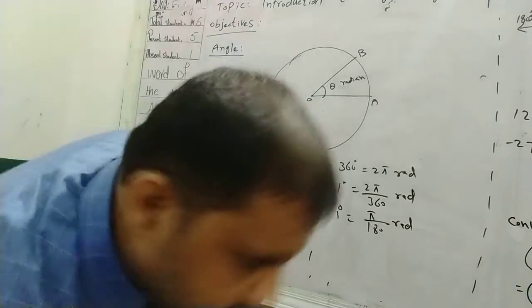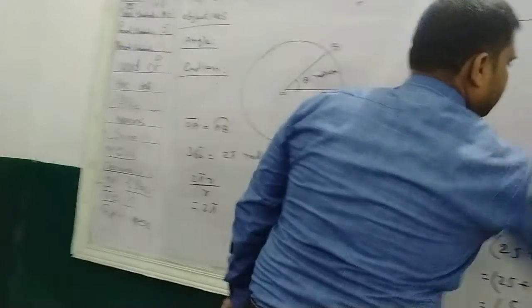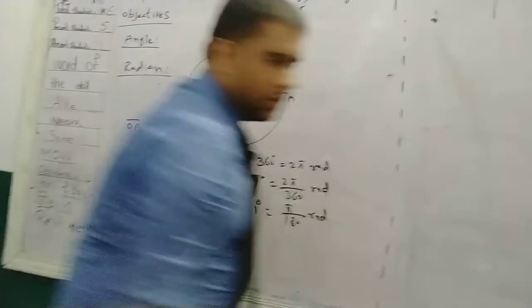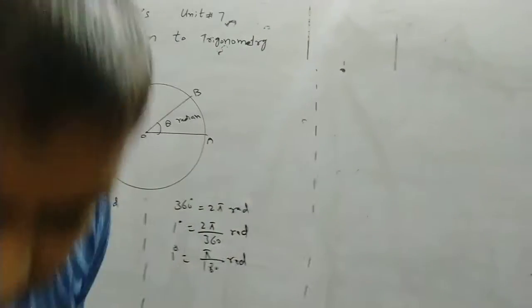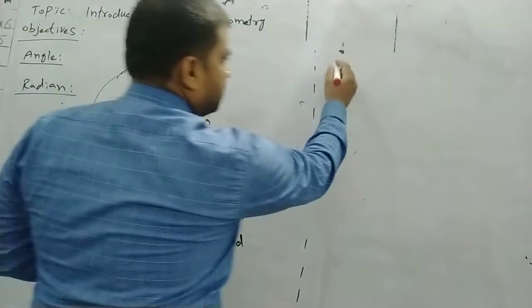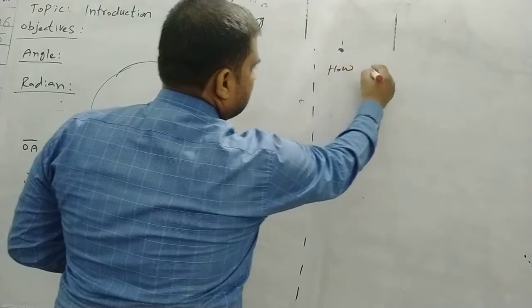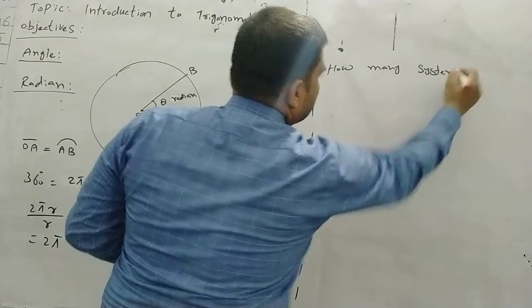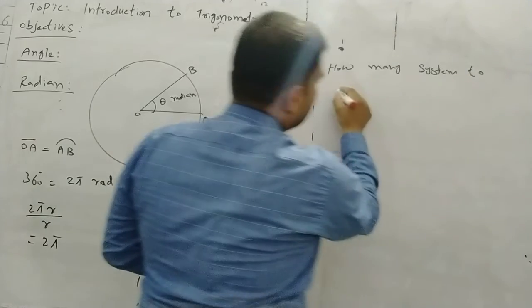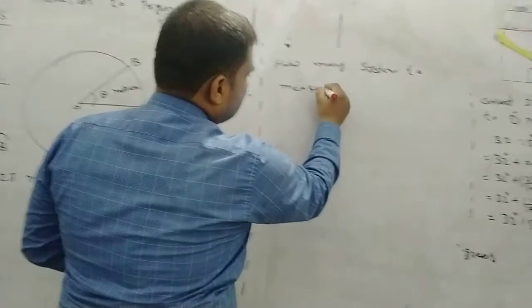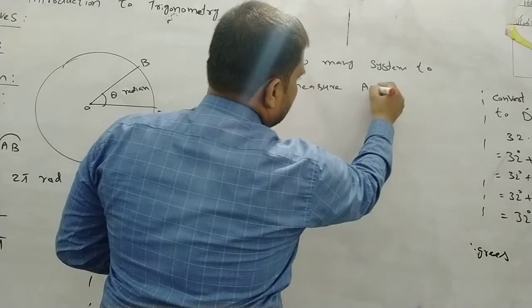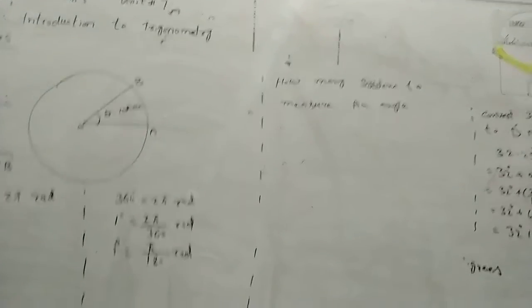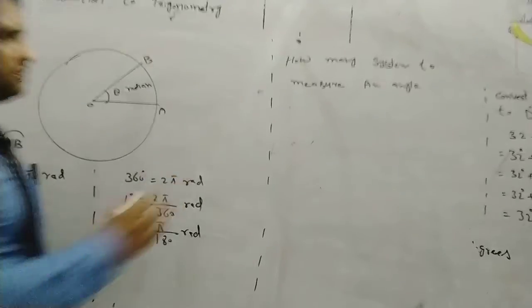Your homework, your diary question is: how many systems are there to measure an angle?